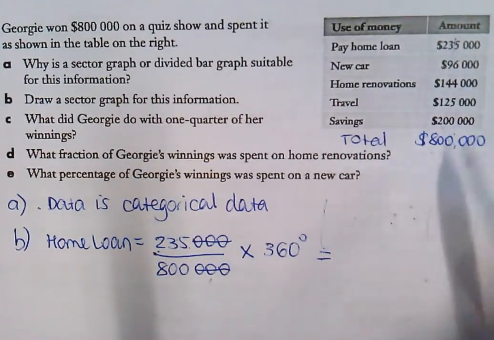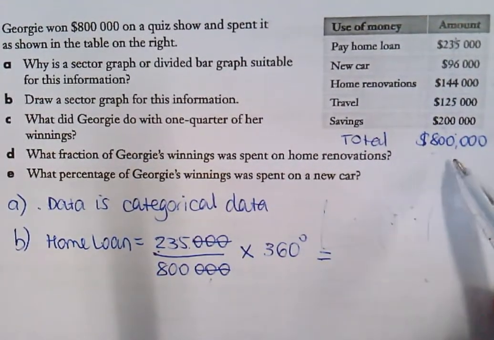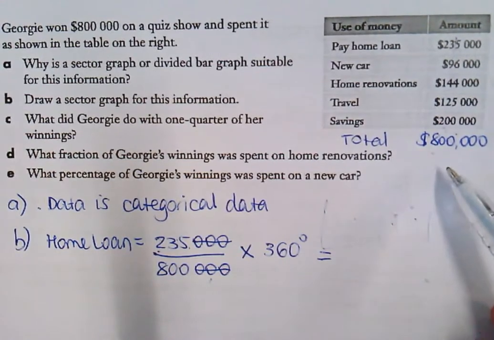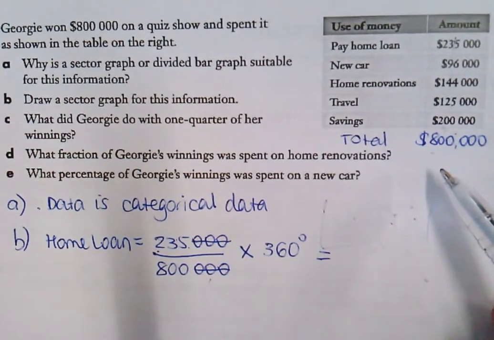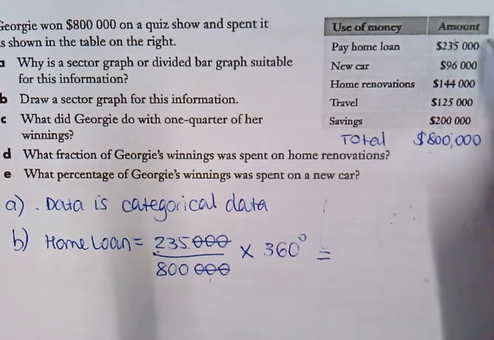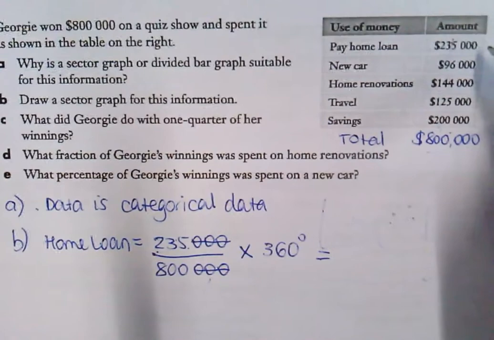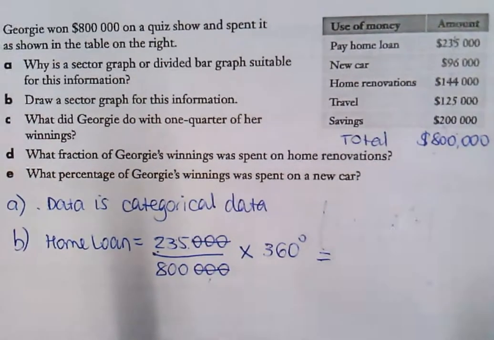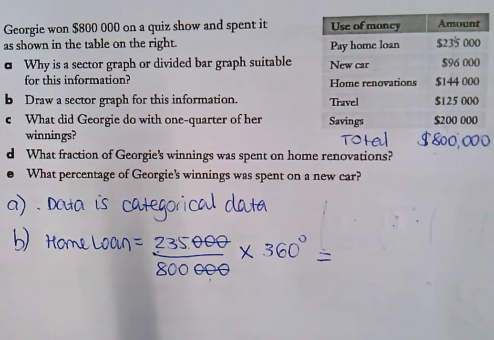If you look at 800,000, tell me what half of 800,000 is. 400, what's half of that? What's a quarter of 800? 200. See this answer, 235,000, this section? It's got to be more than a quarter of the graph. Does that make sense? When you see that 800,000, you should automatically think, right, 400,000 would be half of it, 200,000 would be a quarter of it.